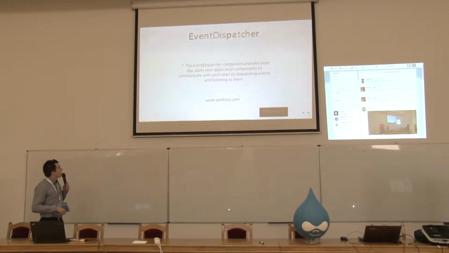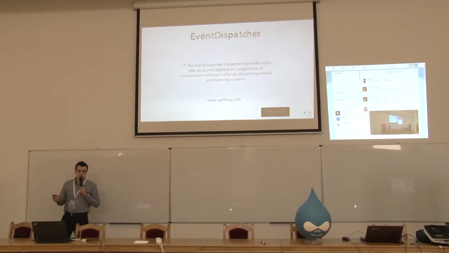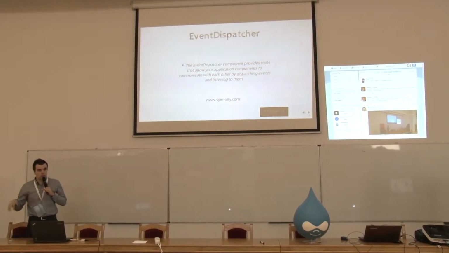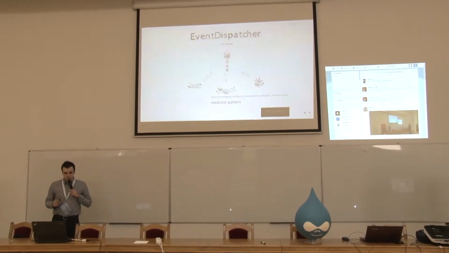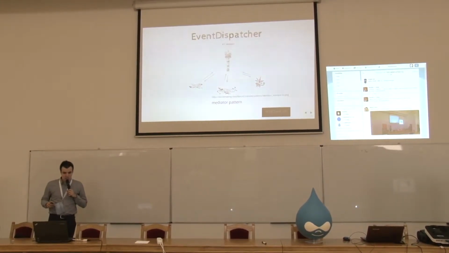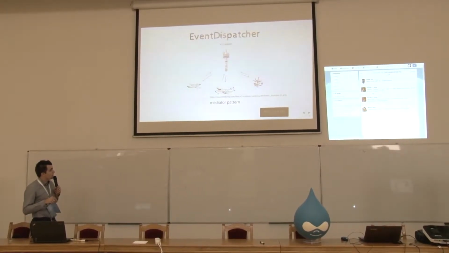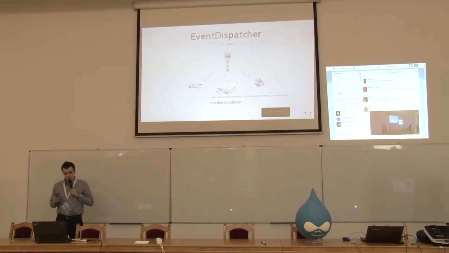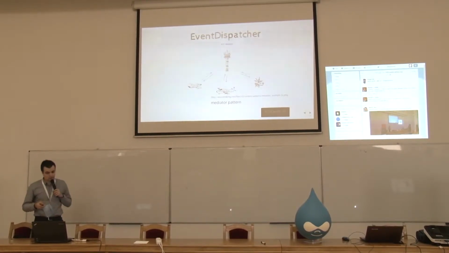Next component, the event dispatcher, which puts at our disposition a bus through which other components can communicate in our application. It implements the mediator pattern. So you can see that none of these entities are communicating between each other. They are communicating with a central entity, and they don't have to know that other same entities exist.